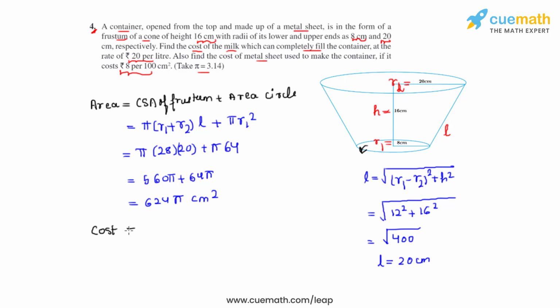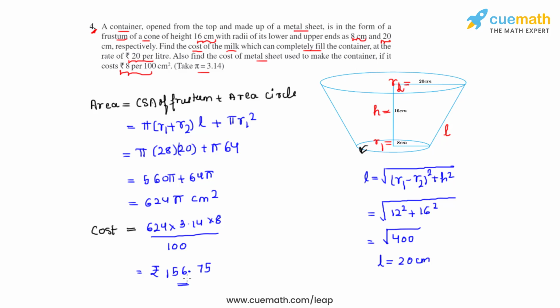So its cost will be equal to 624 times pi, which is 3.14, times 8 whole divided by 100. So we get the cost as rupees 156.75. So this is the cost of the metal sheet which was used in making the container.